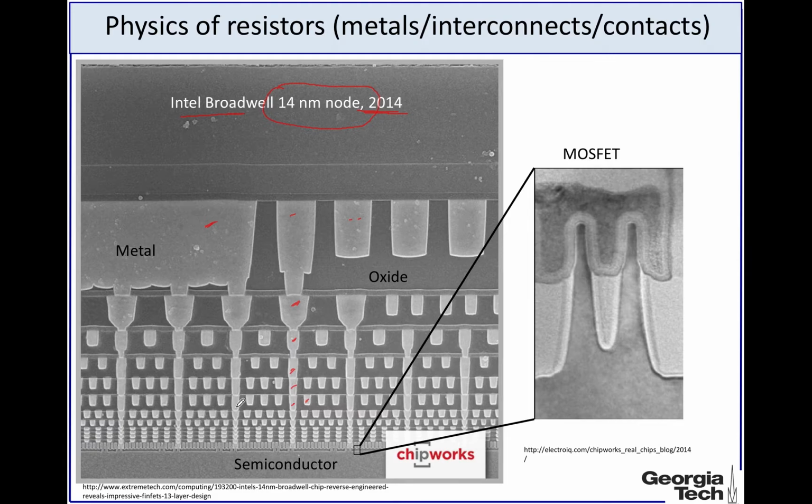It means that the interconnects, or the metals, become smaller as you go deeper towards the semiconductor. At the bottom of this cross section you see the semiconductor layer.